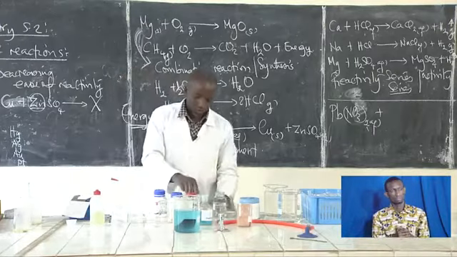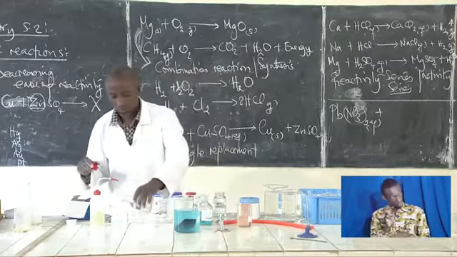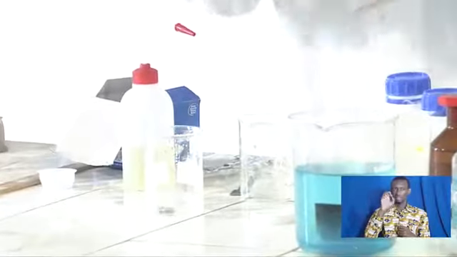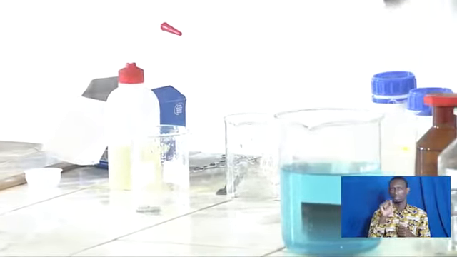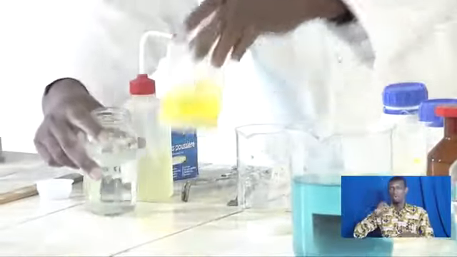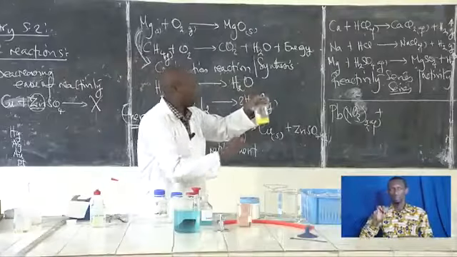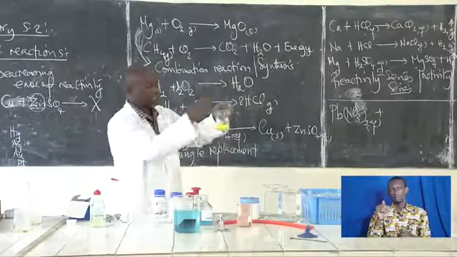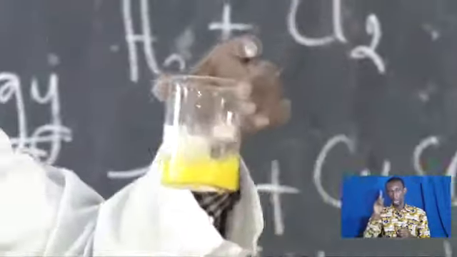Just take a close look here. This is lead nitrate. I'm adding that, very little. And I'm adding potassium iodide, and then it forms a yellow precipitate.